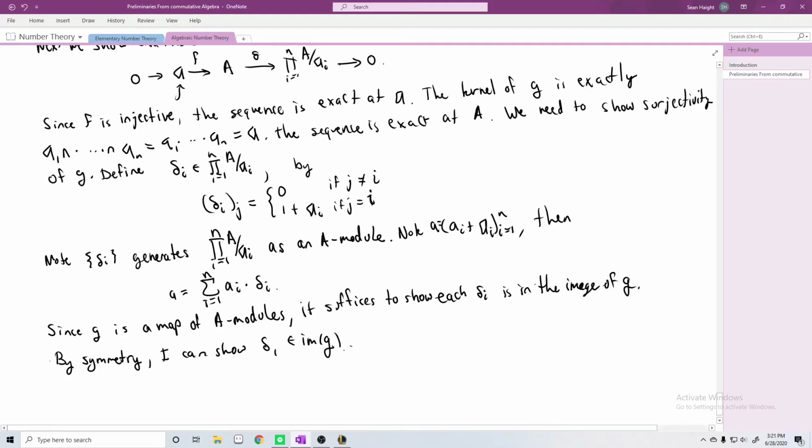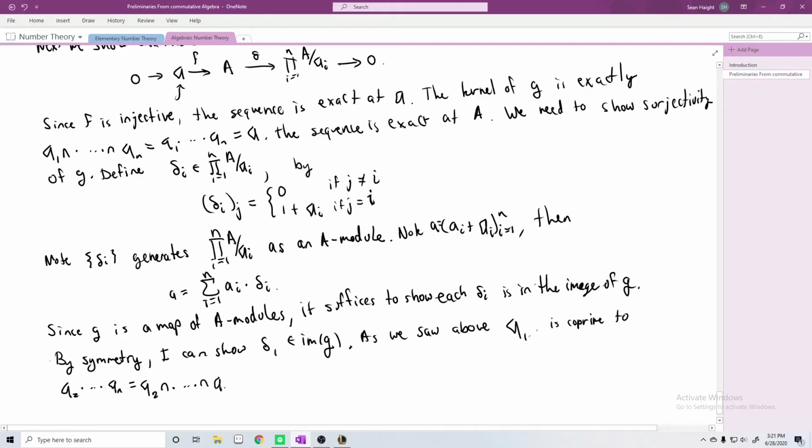Okay. And to do this, we use something we observed earlier. As we saw before, if I take one coprime ideal from above, this will be coprime to the product of the other ideals, A2 through An, which is also the intersection.